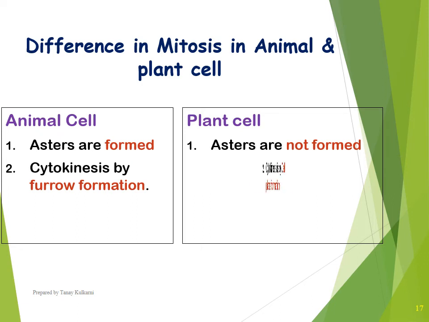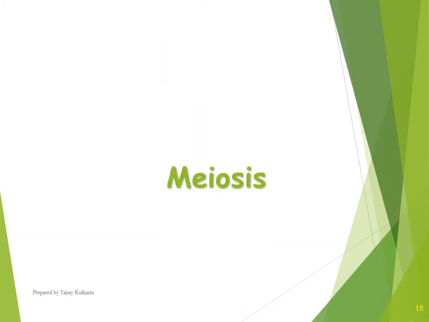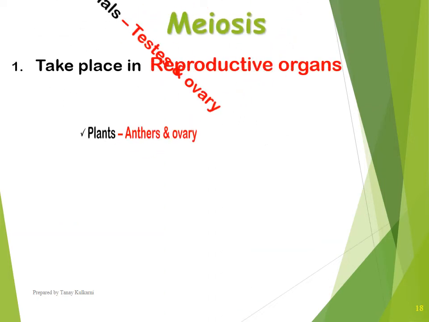Cytokinesis is completed by furrow formation in animal cells, and by cell plate formation in plant cells. In animal cells, mitosis occurs throughout the body, but in plant cells it occurs only at the growing tips, that is meristematic tissues. Questions are likely to be asked, and I want you to remember at least the first 2 points from this difference.